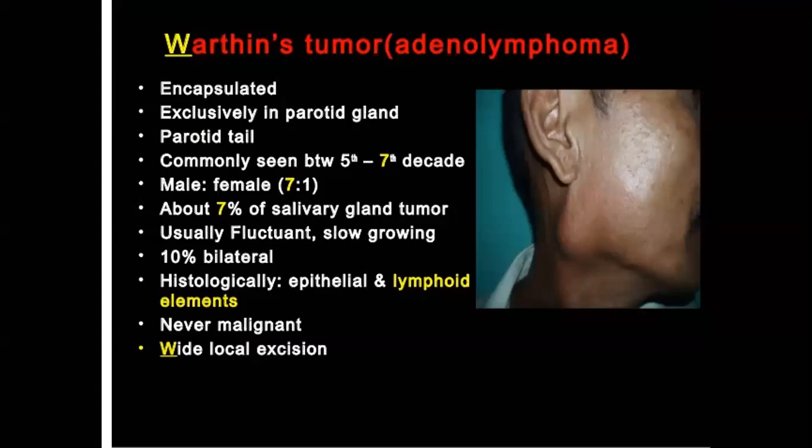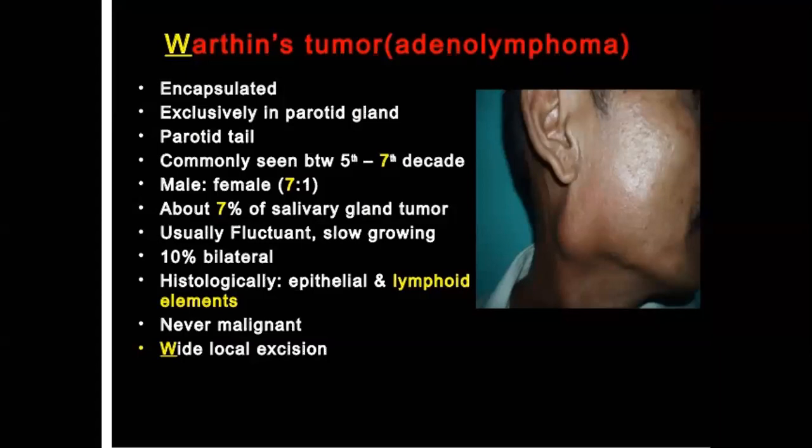Now, Warthin's tumor, or adenolymphoma. Sometimes they ask questions regarding adenolymphoma, the second name of Warthin's tumor. They are encapsulated and occur exclusively in the parotid gland. They are present on the tail of the parotid, commonly seen between the 5th and 7th decade. The male to female ratio is 7 to 1.